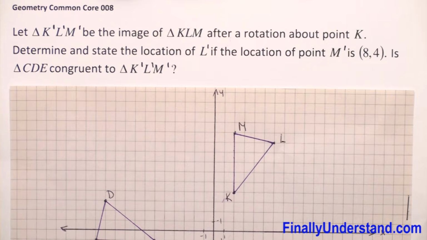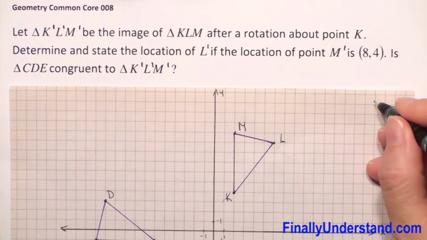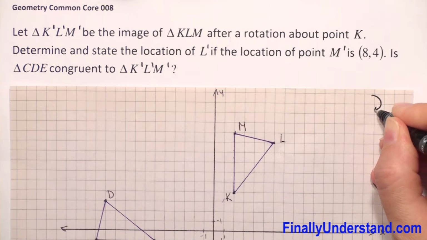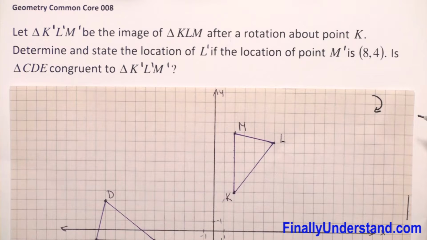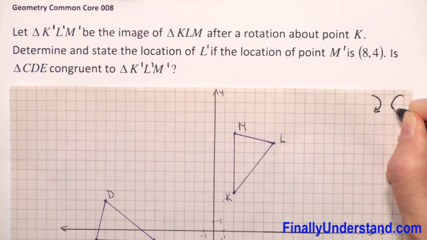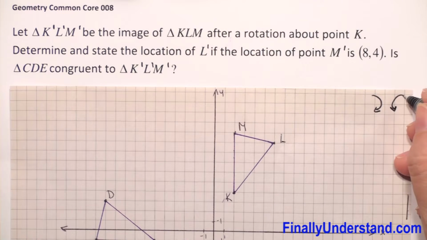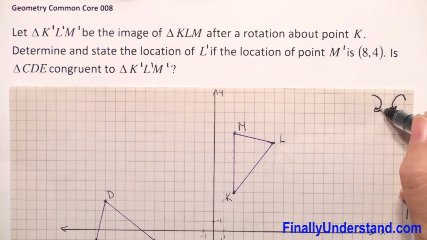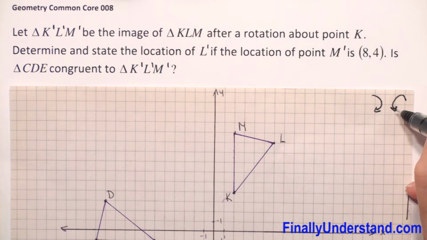We can have clockwise rotation when we are going this way, or we can have counterclockwise rotation when we go opposite this direction. This is clockwise rotation and this is counterclockwise rotation. So first we have to find if this is clockwise rotation or counterclockwise rotation.